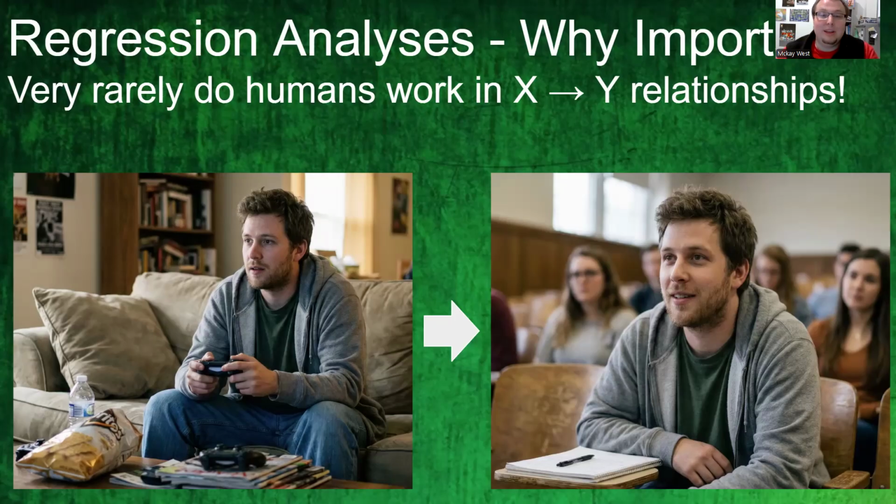Said differently, usually it isn't one variable that causes another variable. Playing video games doesn't just make you smarter. Playing video games doesn't just make you more violent. Playing video games doesn't just increase your weight. There's usually third, fourth, fifth, sixth variables that are also being accounted for that help us understand why X and Y are actually related to one another.